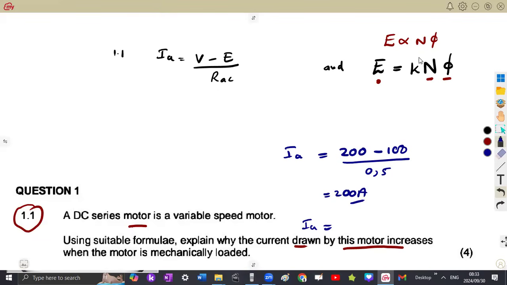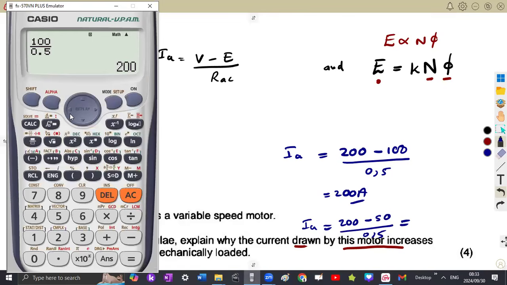I want you to see what happens. Let's say this value E reduces. We now have something like 50 over 0.5. E reduces, it's now 50. So we are going to have 200 minus 50, which is 150.